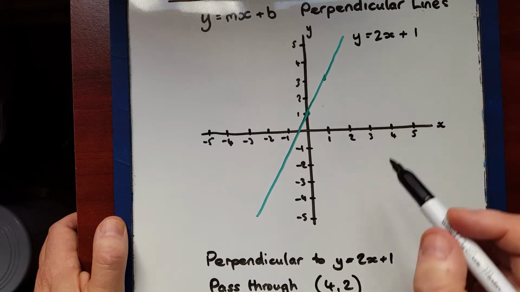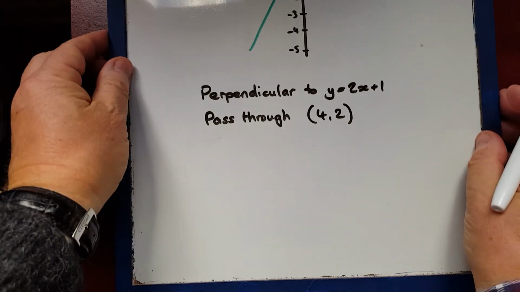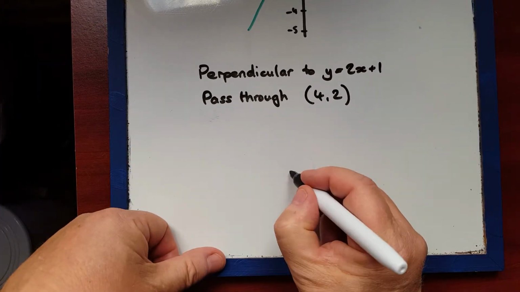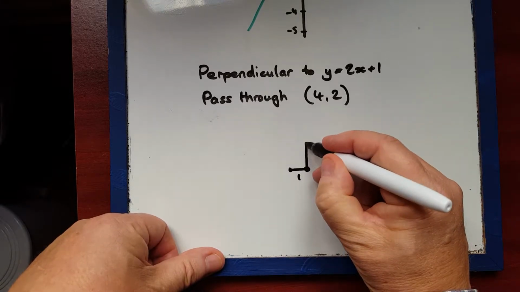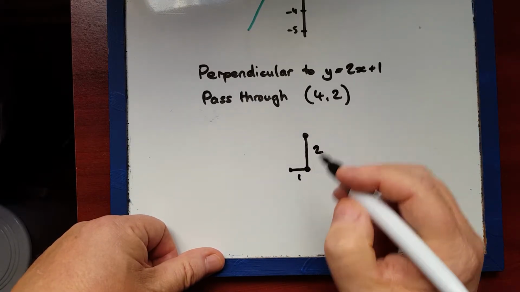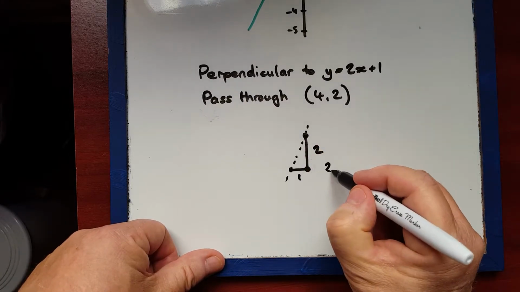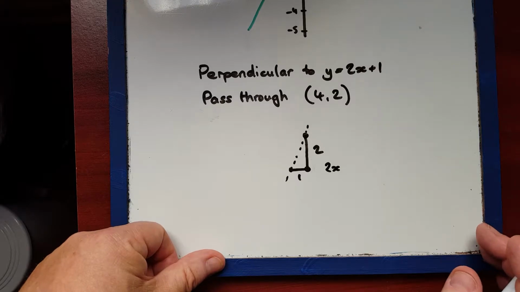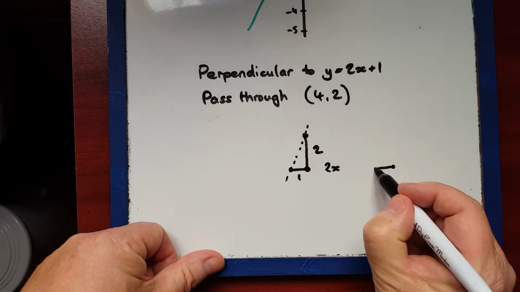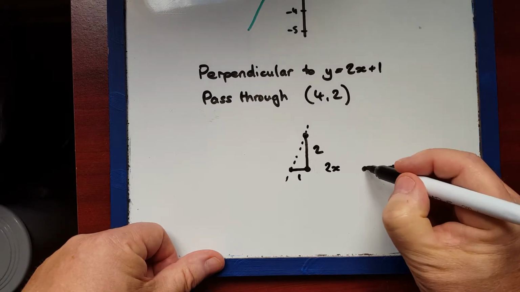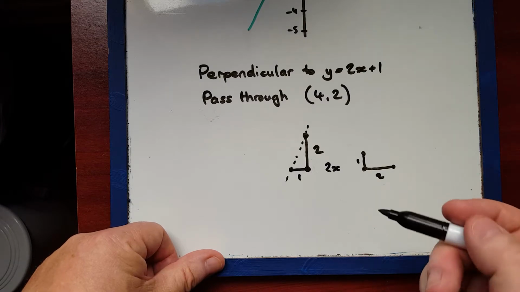To get the 2x, we go along 1 and 2 up, and that is how we get our gradient of 2x. If we wanted to go the opposite way, we would have to go along 2 and up 1, and that would be a reverse version.